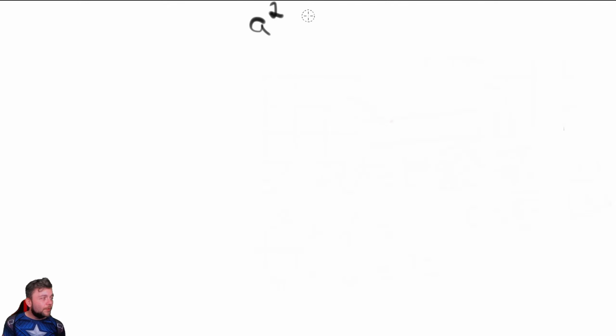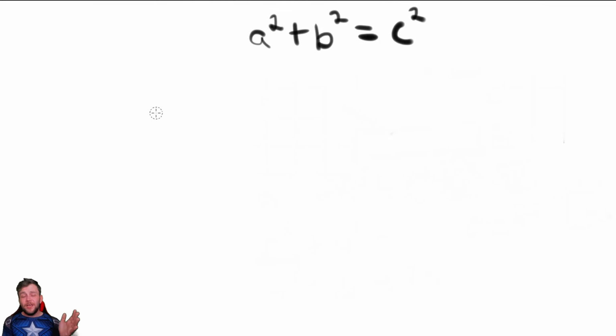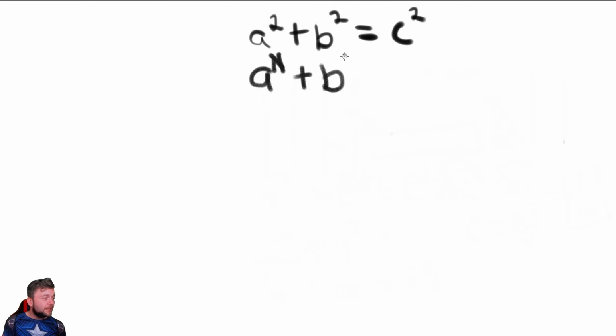So we have a squared plus b squared equals c squared. Here is my question that I would like to propose to all of you: what if it's just a to the n plus b to the n equals c to the n? Are there any other numbers that work?